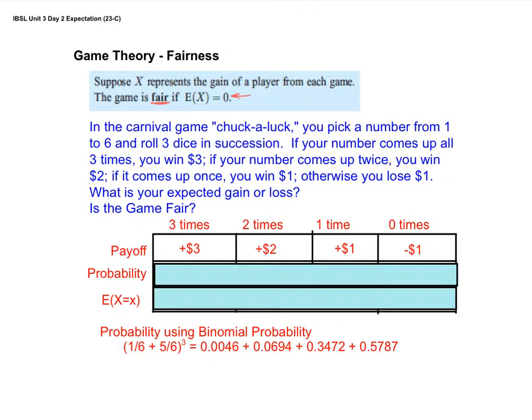The probability that you roll your number is 1 out of 6. So the probability that all 3 of those are 6s is going to be 1/6 to the 3rd power. The probability that 2 of them are 6s is going to be 1/6 squared times 5/6 to the 1st.